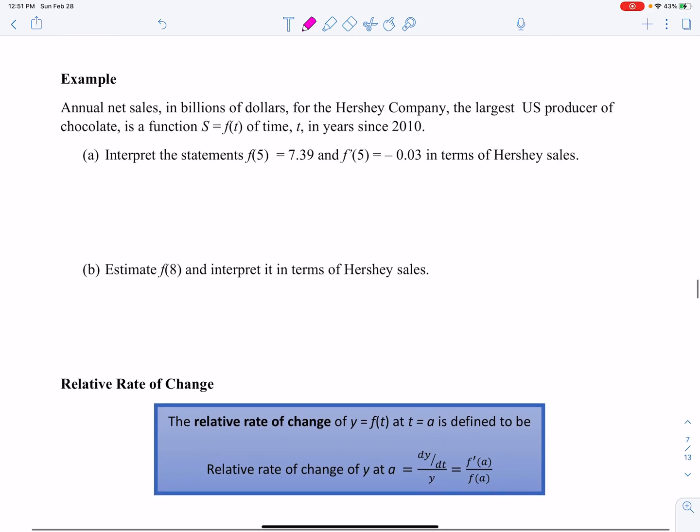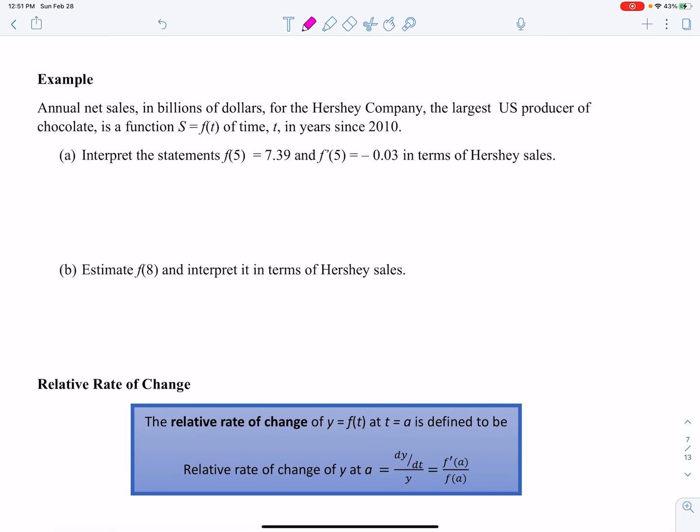All right, so let's see. Example. Annual net sales in billions of dollars for the Hershey Company is S equals f of t, with t in years since 2010. So again, be careful with t values here.